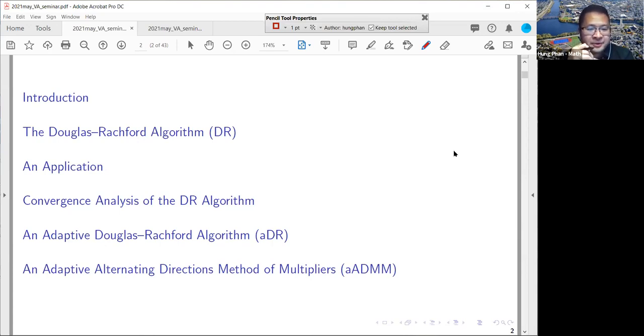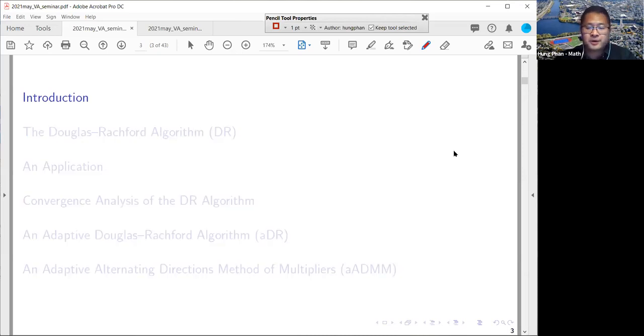After that, I will move on to our recent work on an adaptive Douglas-Rachford algorithm, which we denoted by little a DR. I hope nobody gets offended that we put a little a in front of the algorithm. And we did it a second time, an adaptive alternating direction method of multipliers, so little a ADMM.